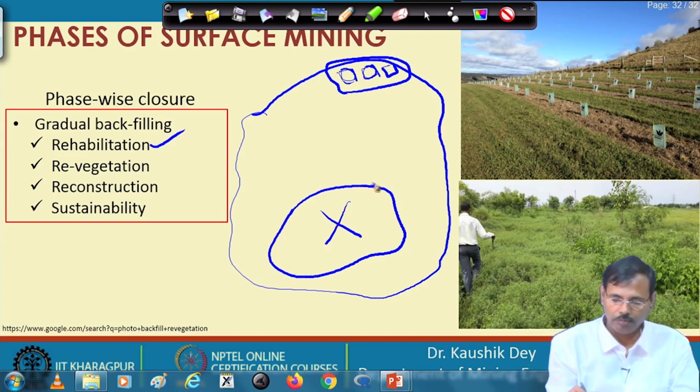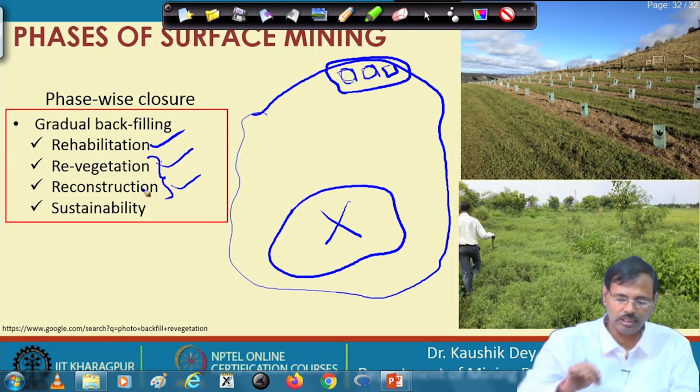Before the mining, the place maybe had some forest or some abandoned area, or sometimes there is a township, or sometimes agriculture fields. So, when we have completed the mining, we cannot leave a big hole in that area and leave the area like this. Either we have to go for revegetation or reconstruction.